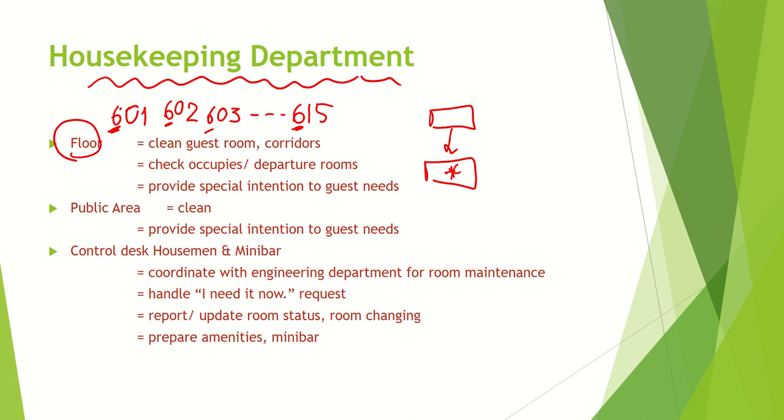So a floor attendant is responsible for the sixth floor. But it depends on how many staff and how many rooms, so they set the working plan. Maybe one housekeeper is responsible for 4 or 5 rooms on the 6th floor, for example.